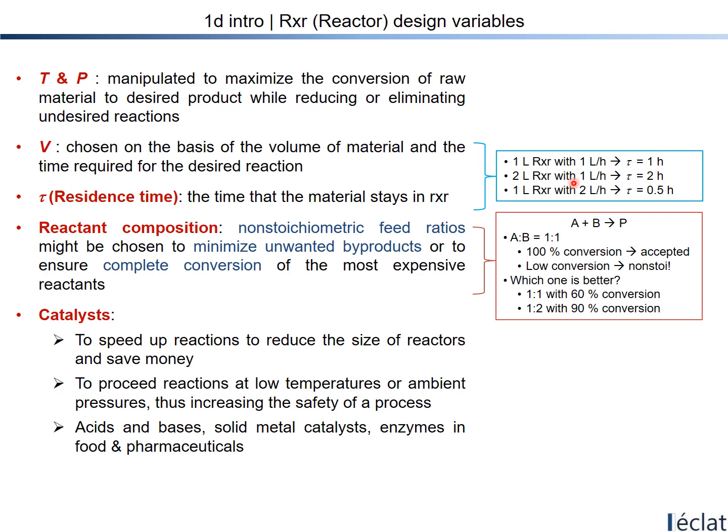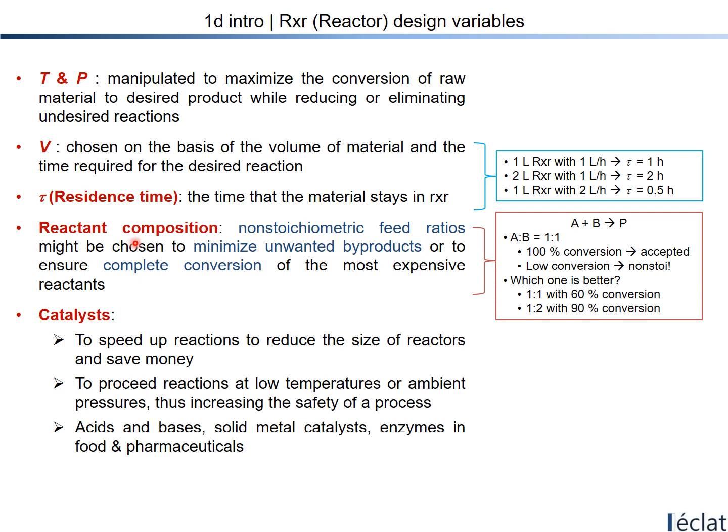Or let me increase the flow rate from 1 liter per hour to 2 liters per hour with a 1-liter reactor. In that case, the residence time of reactants and products is reduced to 0.5 hour because we have used a faster flow rate to and out of the reactor.